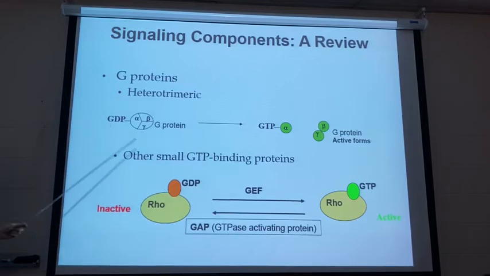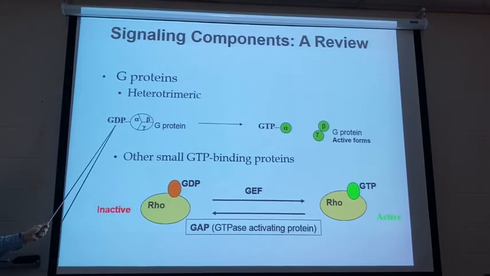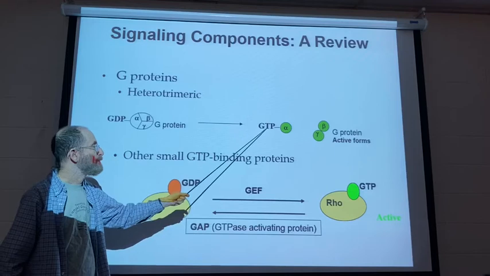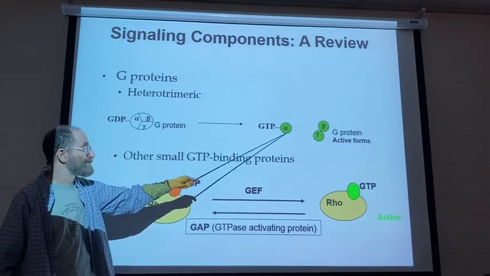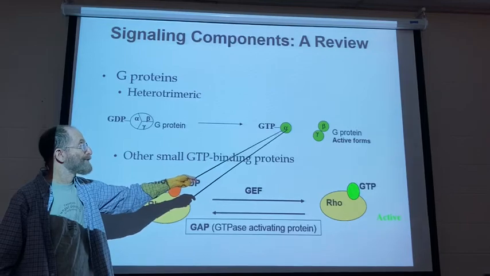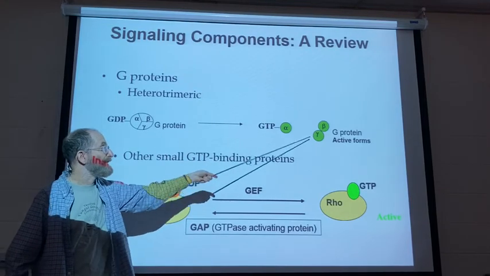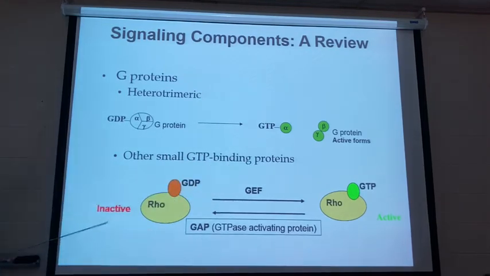That becomes active when GDP is exchanged with GTP, and that allows for the separation of, in this case, the alpha subunit from the beta and gamma subunits.